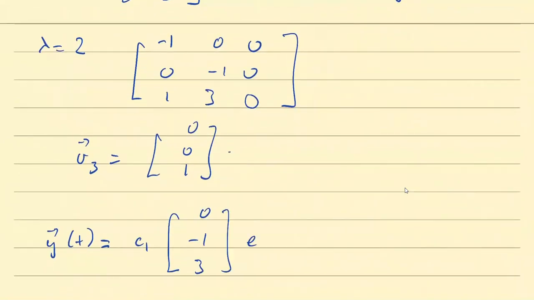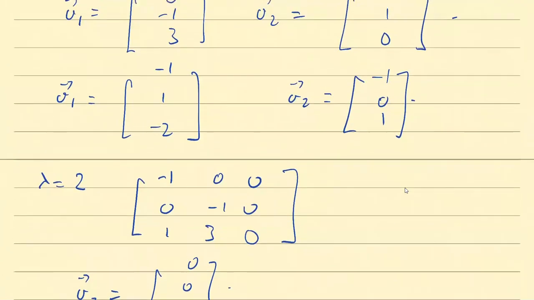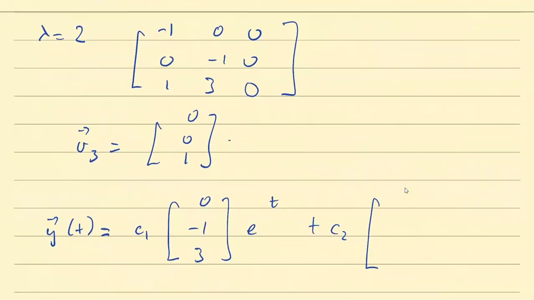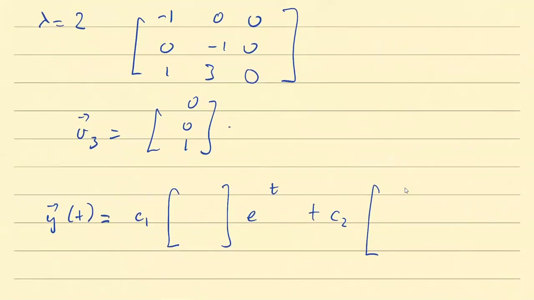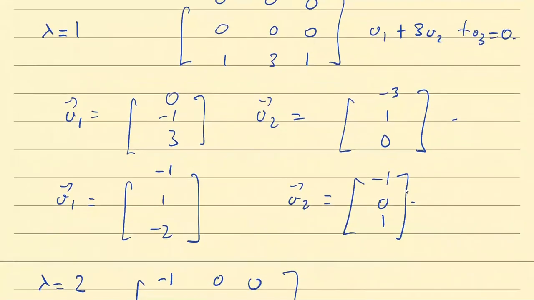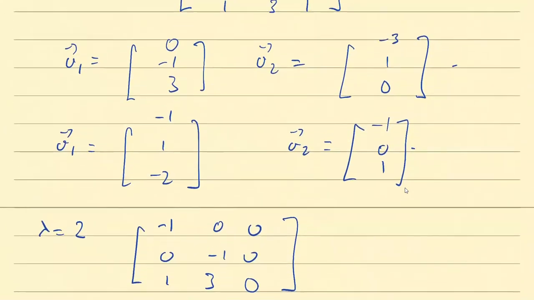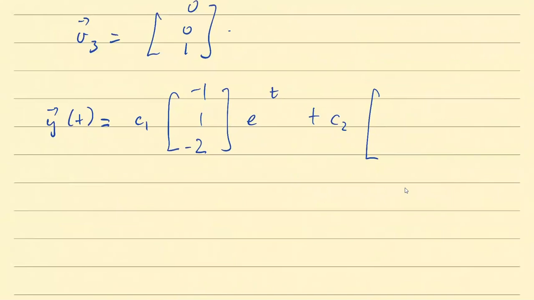So that's e to the t plus C2, the class chose -1, 1, and -2, and then -1, 0, 1, times e to the 2t.